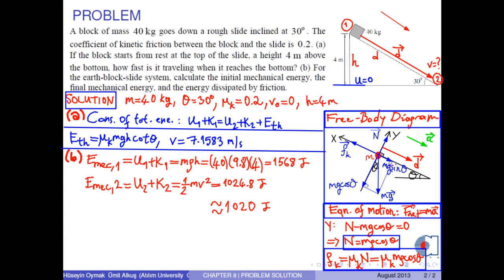The energy dissipated by friction, that is the thermal energy, can be obtained by making use of the conservation of total energy. As a result, we obtain the formula for the energy dissipated by friction as E mech 1 minus E mech 2. Now we put the corresponding numerical values into this equation.